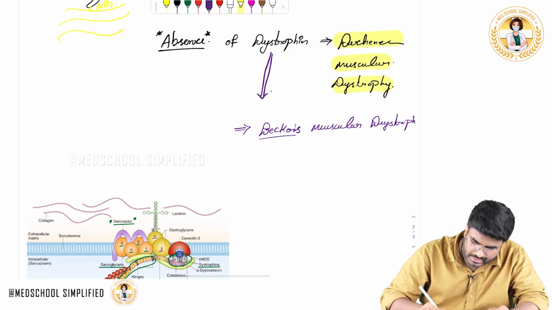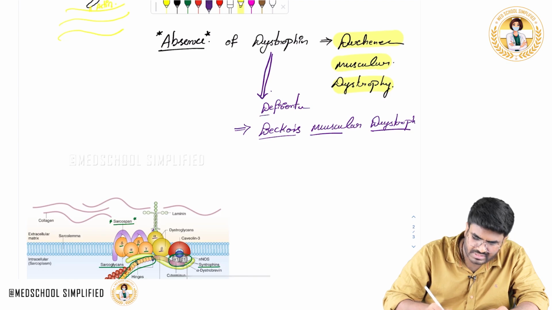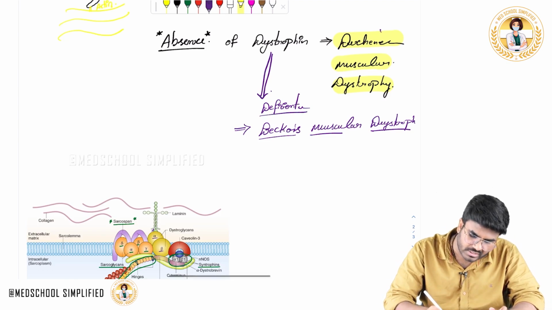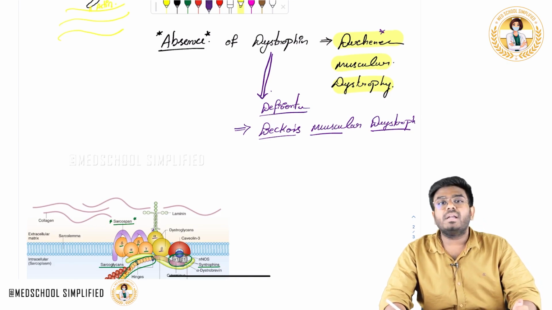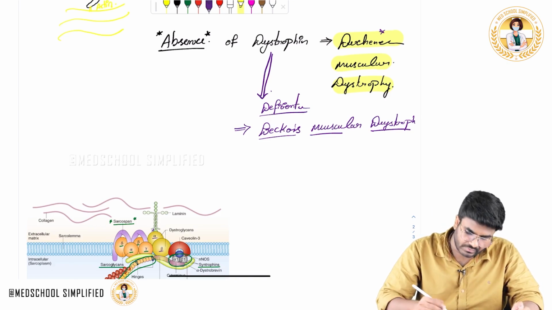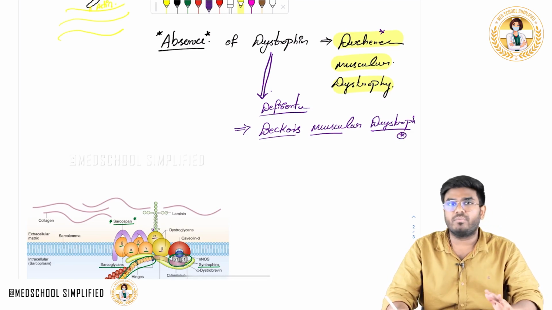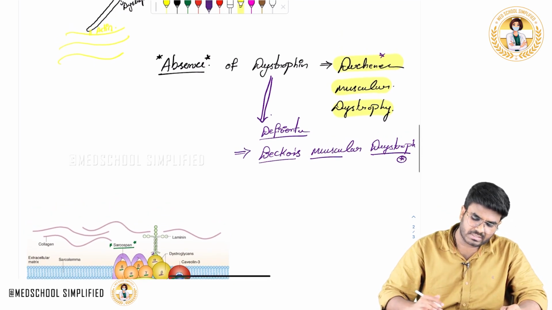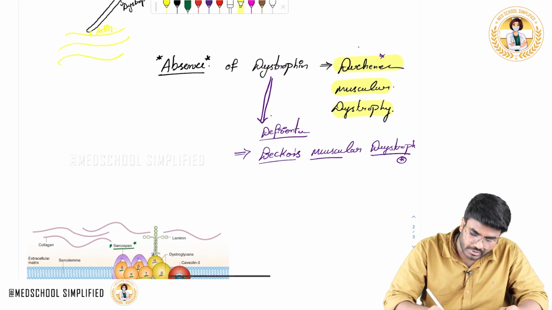It's going to cause Becker's muscular dystrophy, which is a milder variant. Duchenne's muscular dystrophy, DMD, is more severe, due to complete absence, but defect or deficiency will lead to Becker's muscular dystrophy, which is a milder form. Many questions were previously asked in the exam from this topic, Duchenne's muscular dystrophy.